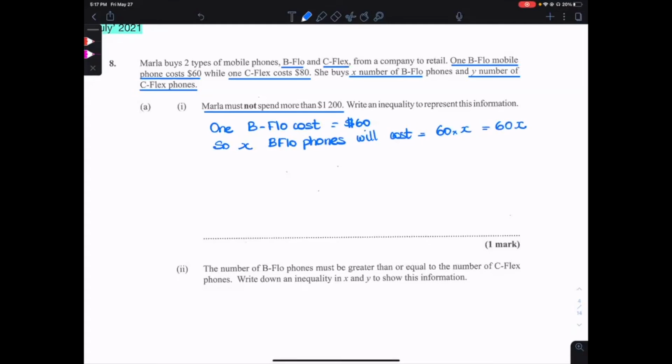Because if it was one phone, it would have been 60 by 1, $60. If it is two phones, 60 by 2, 120. So we have that. Let's go to C-Flex now.